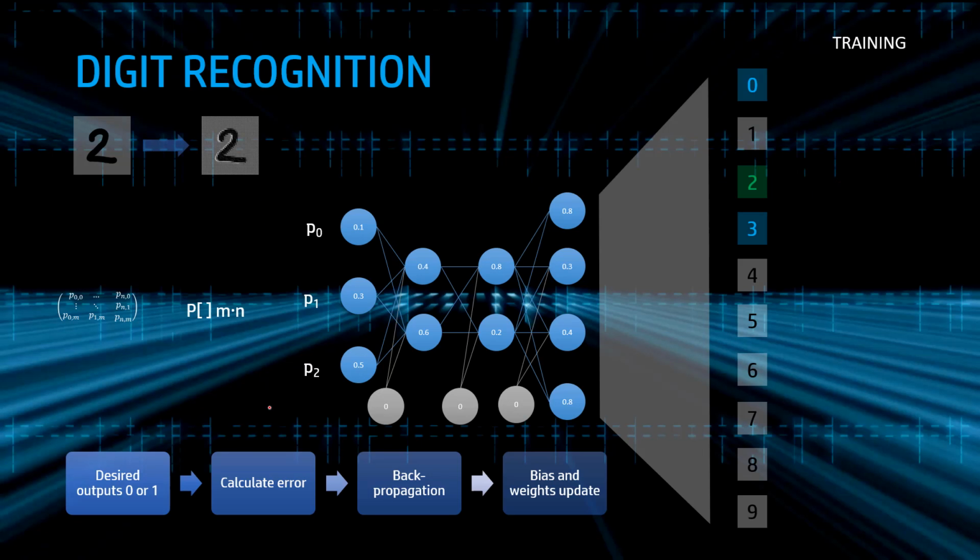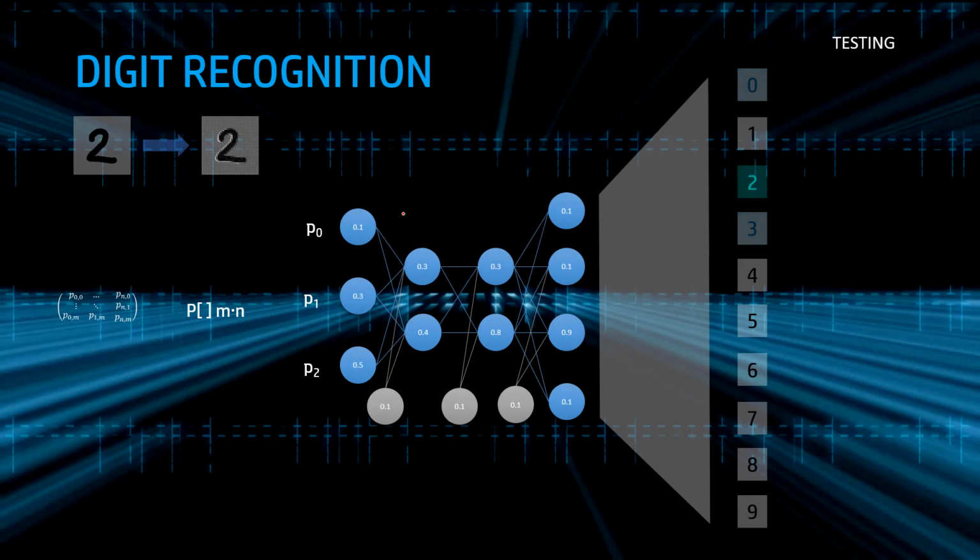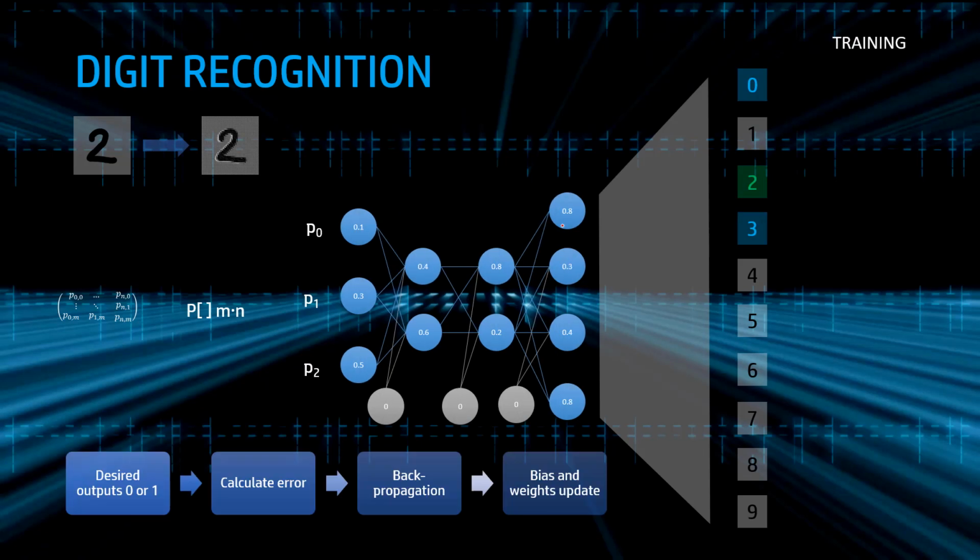So when we calculate the error, we do the propagation, and finally we'll update each bias and weight to improve the network. Okay, so we'll do the backpropagation and we'll update the network.